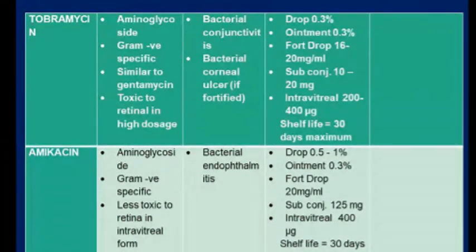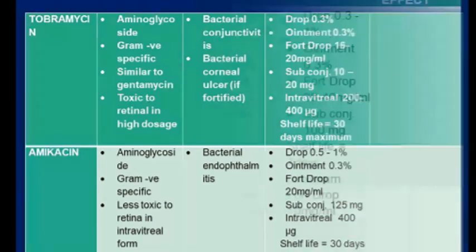So the only significant thing you might want to check is if the drug is gram positive or gram negative, and what is the percentage or the milligrams it has. Tobramycin is a gram negative. Amikacin is a gram negative. They are used for bacterial infections.